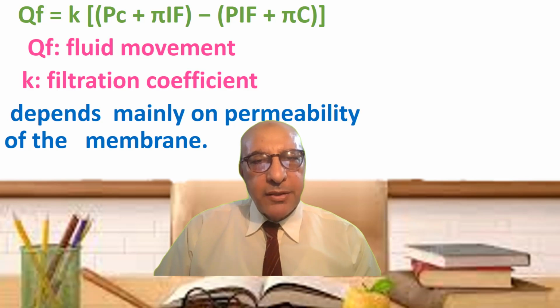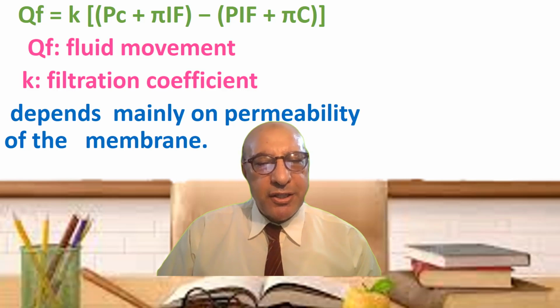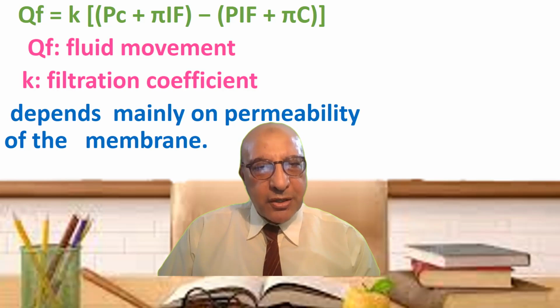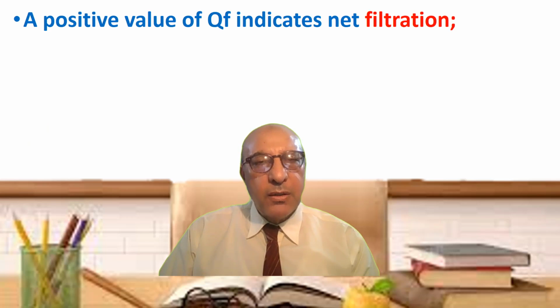This is the hydrostatic pressure in the interstitial space, which tends to push fluid from the interstitial space back to the capillary, and the oncotic pressure within the capillary, which at the same time pulls the fluid from the interstitial space to the capillary. The net result, or the difference between these two forces, decides in which way the fluid will move, out of the capillary or inside the capillary.